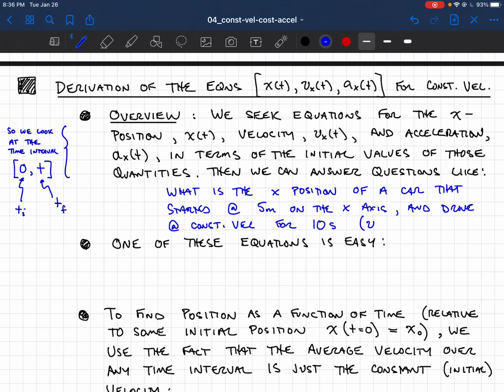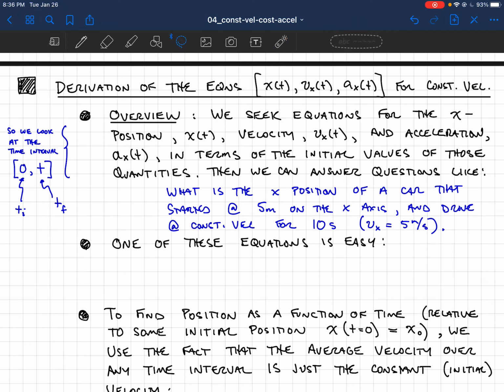I guess we need to say Vx equals 5 meters per second, something like that. So we'll be able to figure out the position, knowing where it started, initial position, how long it went, and what the velocity is. That's what our equations should give us.